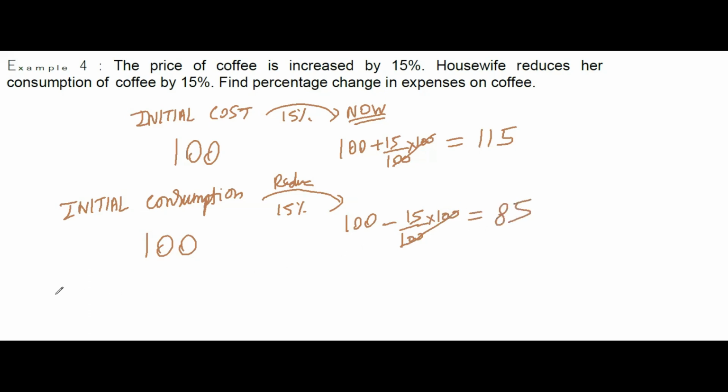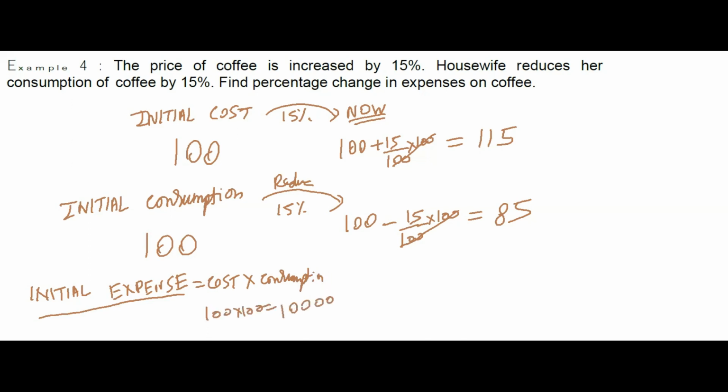So what was the initial expense? Initial expense will be your cost into your consumption. So that comes out to be 100 into 100, which is nothing but 10,000.